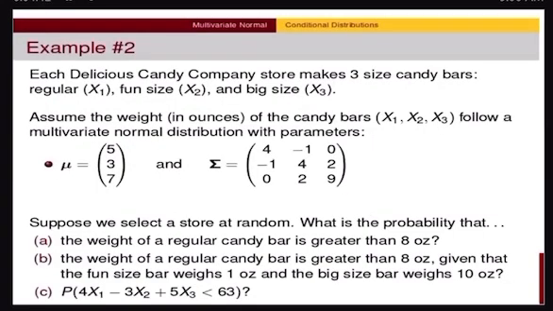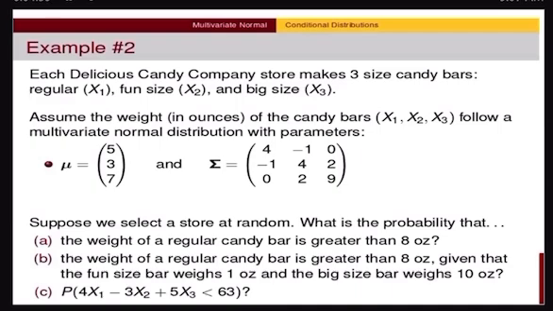So I left you with this example last week. Each Delicious Candy Company store makes three size candy bars: regular X1, front size X2, and big size X3.